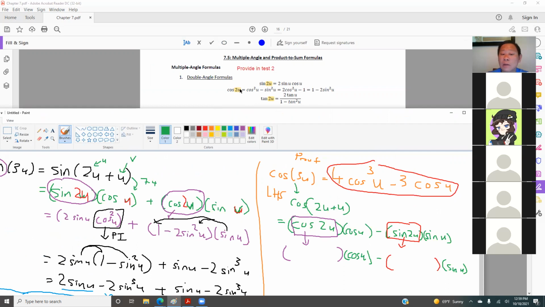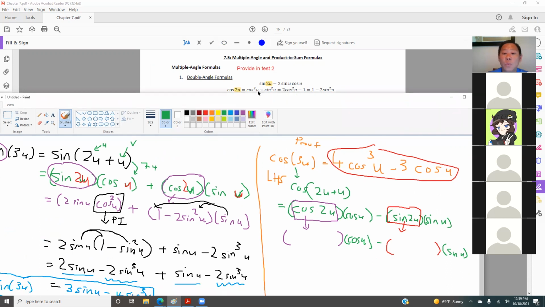And if you look at cosine 2u, we got 3 formulas: the first one, the second one, and the third one. So which one are we going to pick here? It depends on the proving. Since our proving here is all in terms of cosine, which one should we pick? The first one, the second one, or the third one?